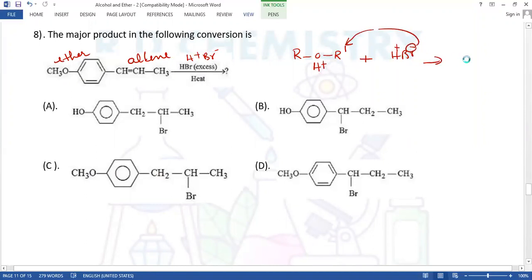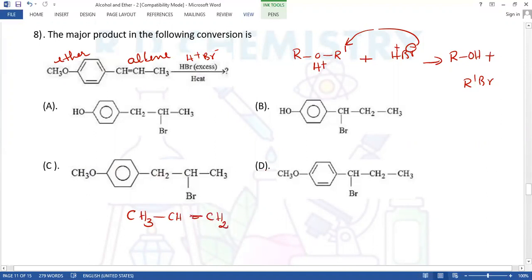So we can expect the product as ROH plus R'Br. One possibility. Then there is an alkene. Whenever an alkene is there, let me take the simplest alkene, CH3, CH double bond CH2.